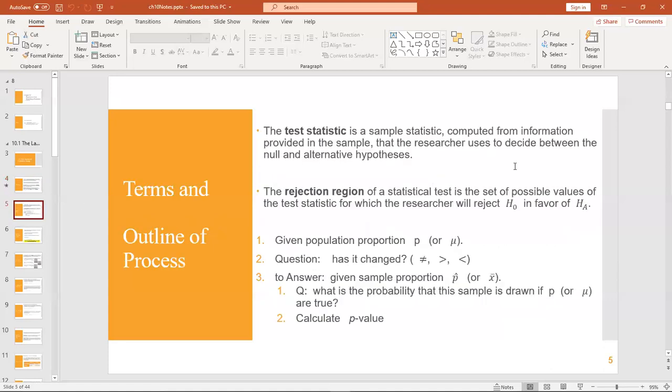So we're going to calculate something called a test statistic, which we're going to compute using the calculator. A test statistic will fall in a rejection region, and if you fall into the rejection region, that basically means that you reject the null hypothesis. Again, the other thing that's a little weird about statistics is that rejection is actually kind of a good thing.